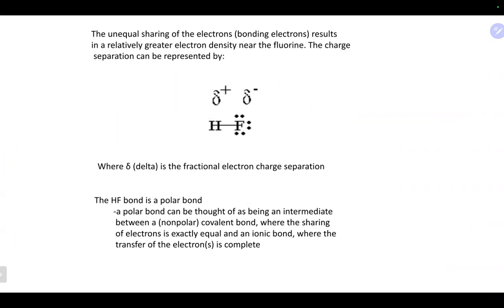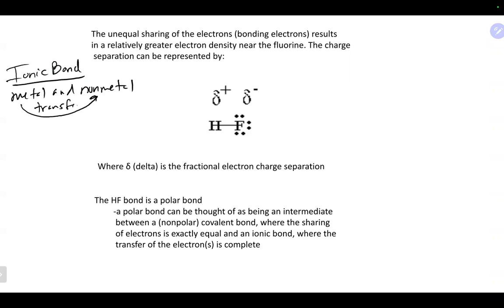So to summarize the three types of bonding that we talked about, on one end of the extreme, we have an ionic bond, which is between a metal and a non-metal. And we have a transfer of electrons from the metal to the non-metal. That results in our ions being formed, our guys that have charges, our cation and our anion.